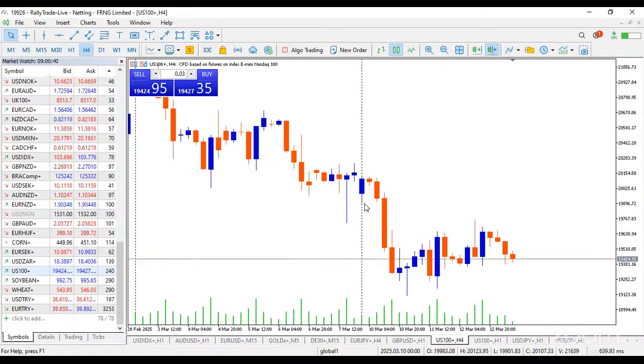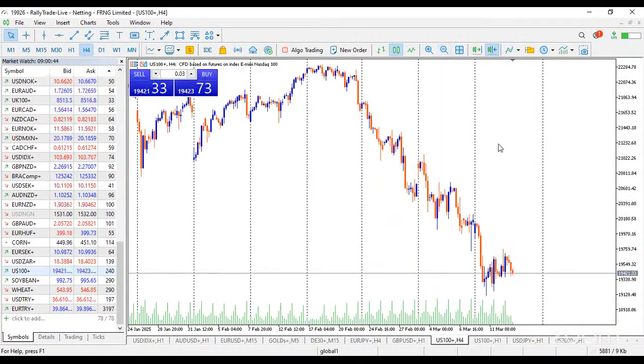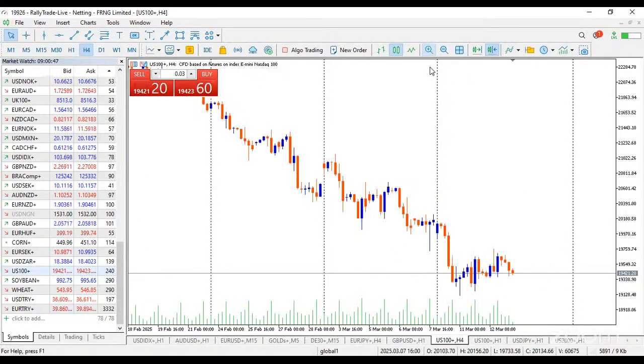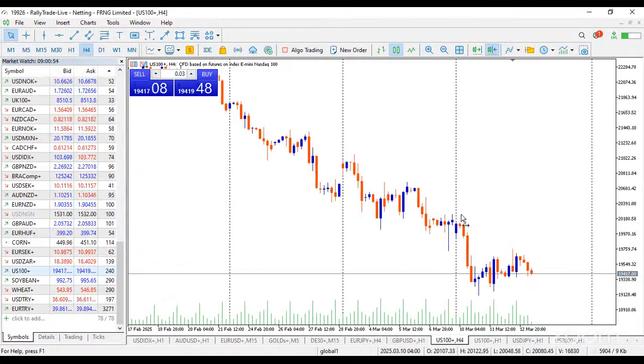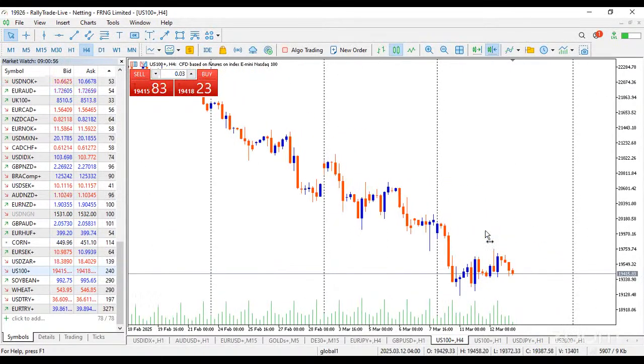So the first thing you want to do is put it on the H4 time frame and look at the dominant trend. That's how you do it.